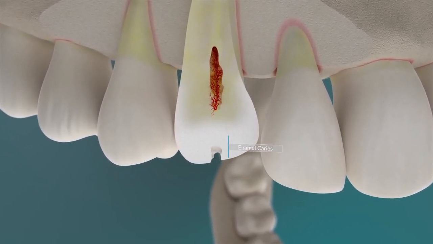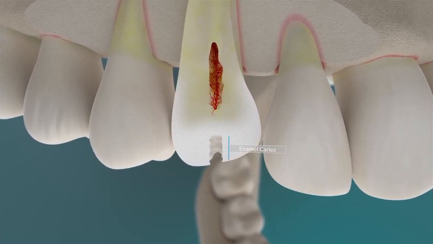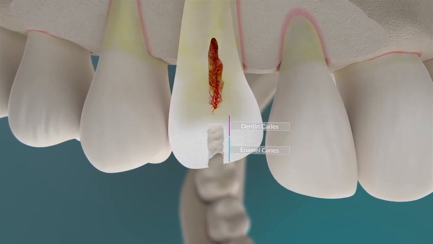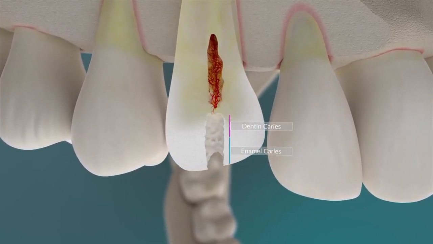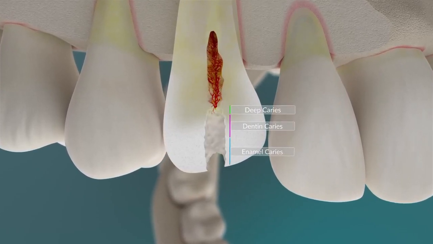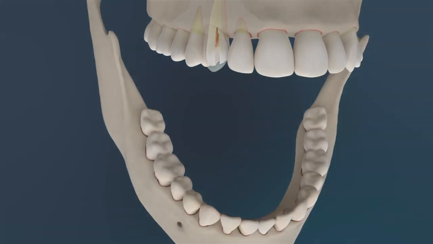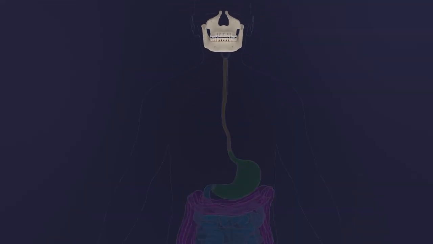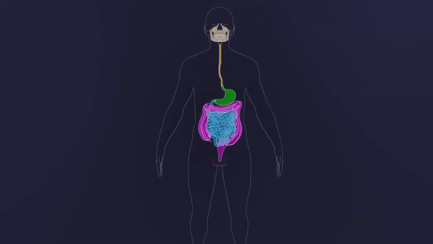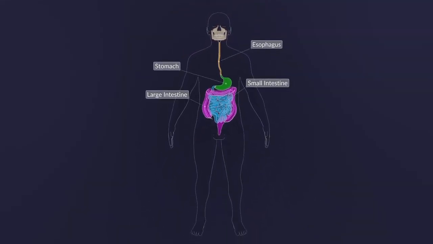The acid eats its way further and further through the tooth. Eventually, the hole is so deep that the bacteria in the mouth can reach the nerves and blood vessels, damaging and eventually killing them. But are bacteria really the problem? Our digestive tract consists not only of the oral cavity.